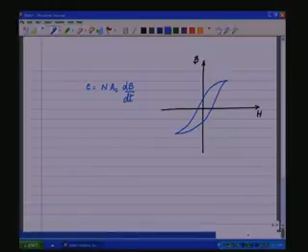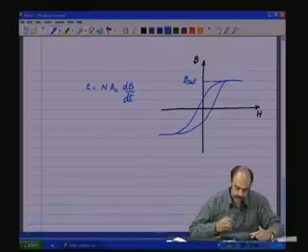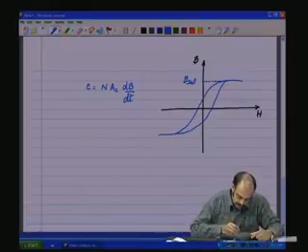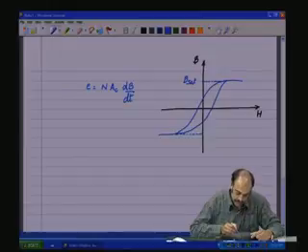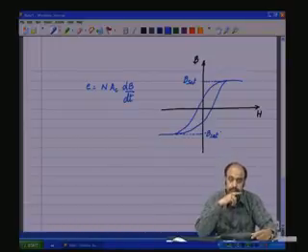This is the BH curve. Now, you should see that beyond this particular value of flux, which we call B sat, the core saturates. Beyond this value of flux density minus B sat, the core saturates.